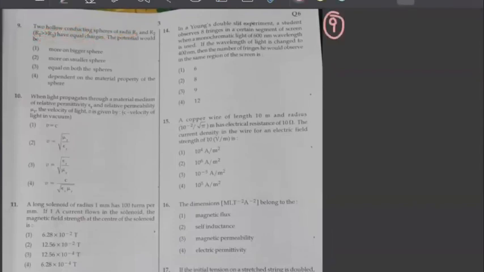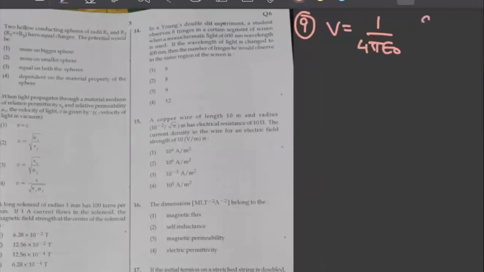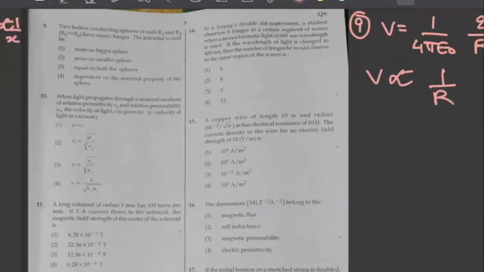Formula for potential is V equals 1 upon 4 pi epsilon naught, Q by R, where on the surface it would be capital R. The charge is the same, they have said. Equal charges means Q is constant. 1 upon 4 pi epsilon naught is definitely a constant. So V here is inversely proportional to the radius.